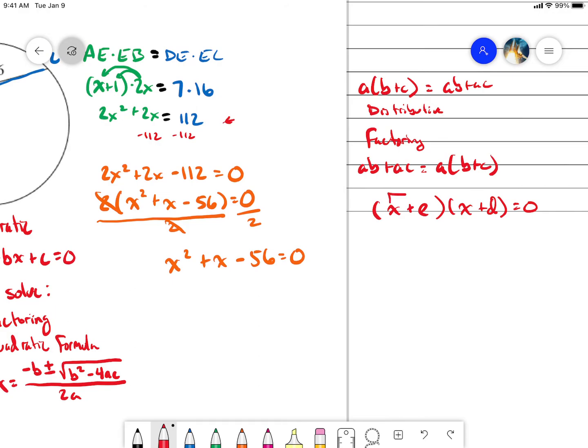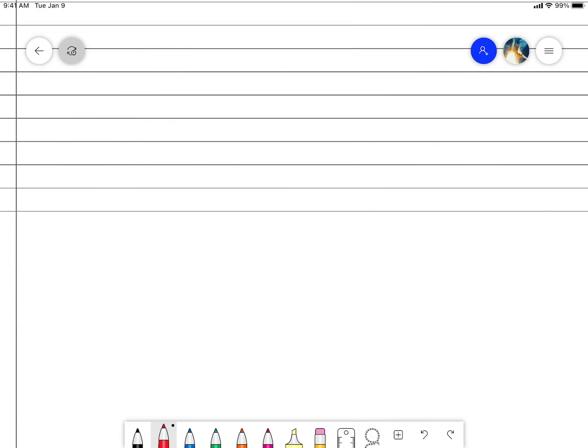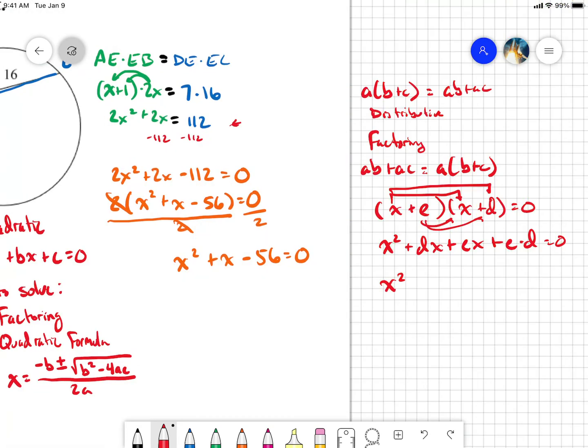If I were to FOIL this, you'll see that I get x squared plus dx plus ex plus e times d equal to 0, which simplifies to x squared plus d plus e times x plus e times d equal to 0.